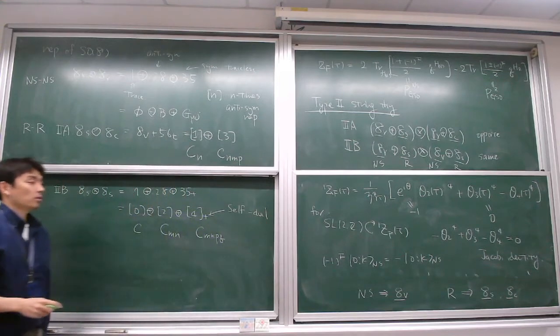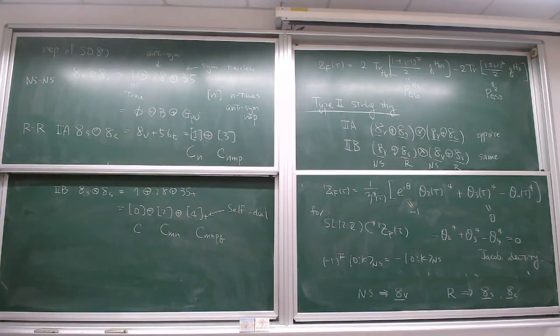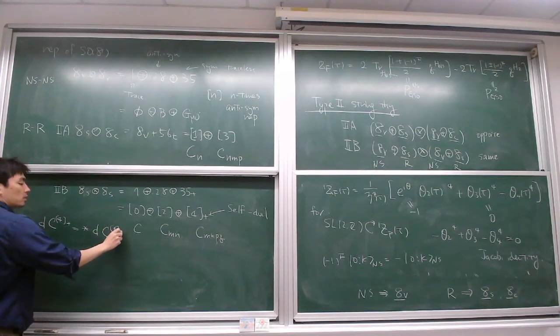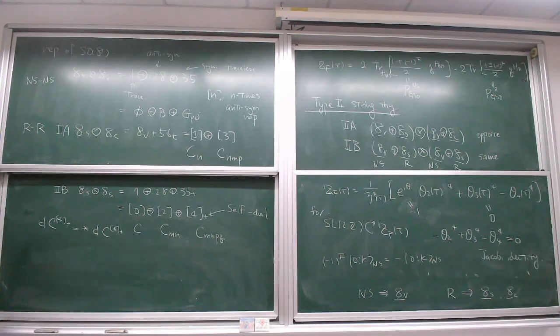Okay, self-duality. Self-duality means that if you take, let's see, it's 10 dimensions. So self-dual means that if you define this C4 plus, and take D C4 plus, H equals star H. It's a Hodge star.